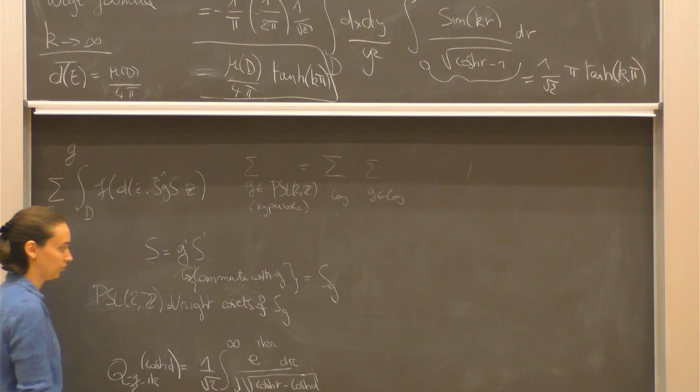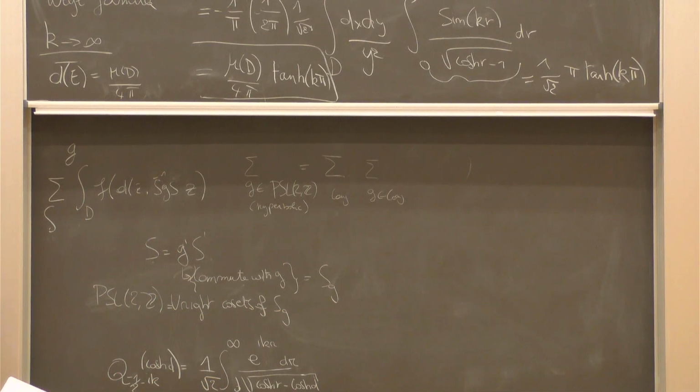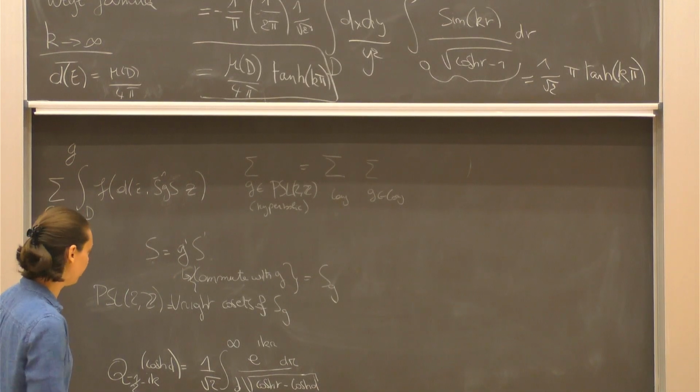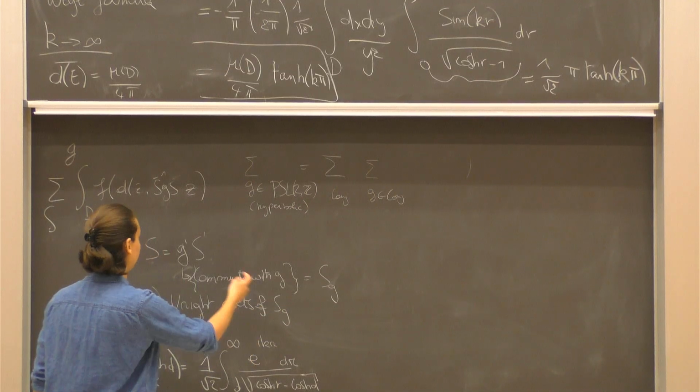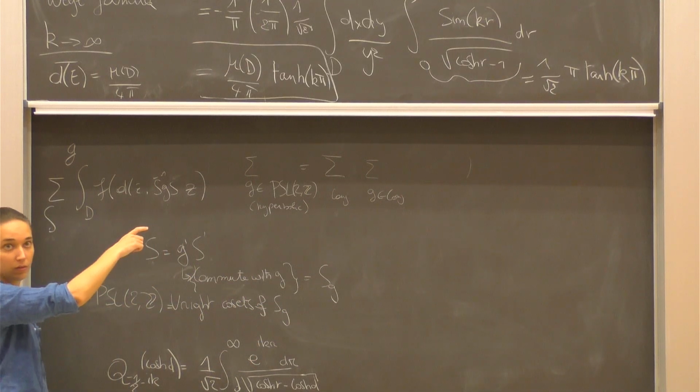Does that make sense to everyone? Okay, so that makes it a bit simpler. In each of these cosets, we just need one representative, and that's the one we will take to run over in the sum.